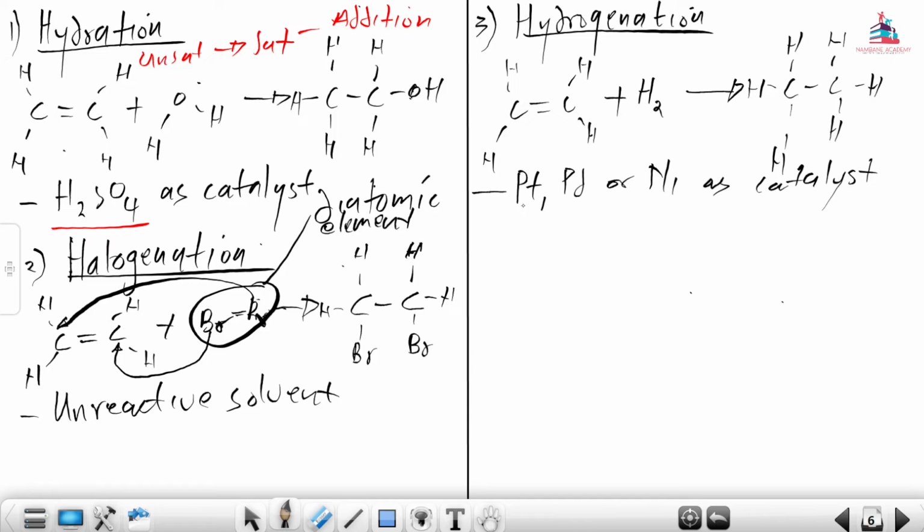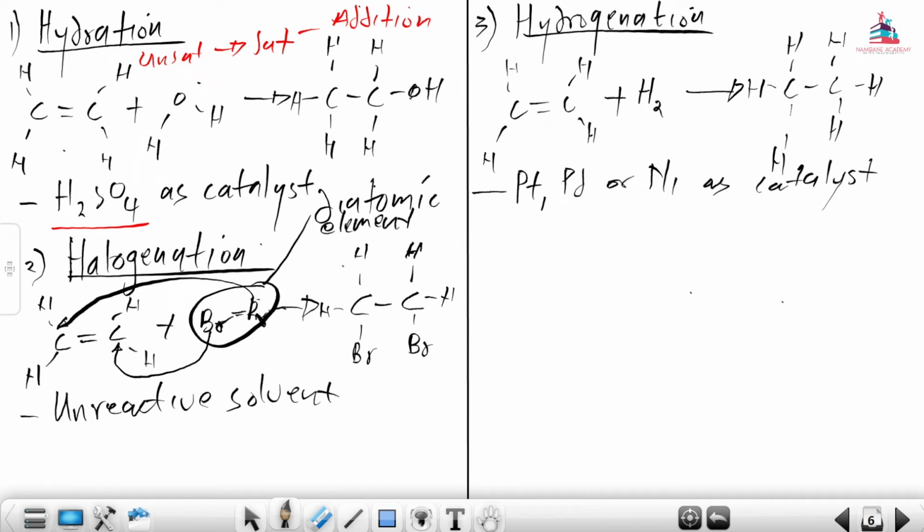Remember, you must know the formula as well as the name. So this is Pt for platinum, Pd for palladium, and then Ni for nickel. So that's basically it with this particular reaction condition.